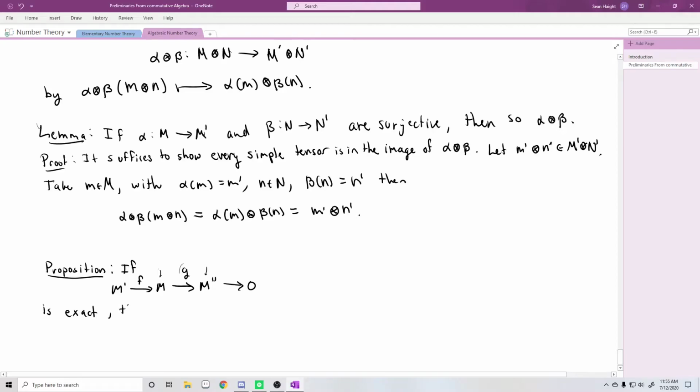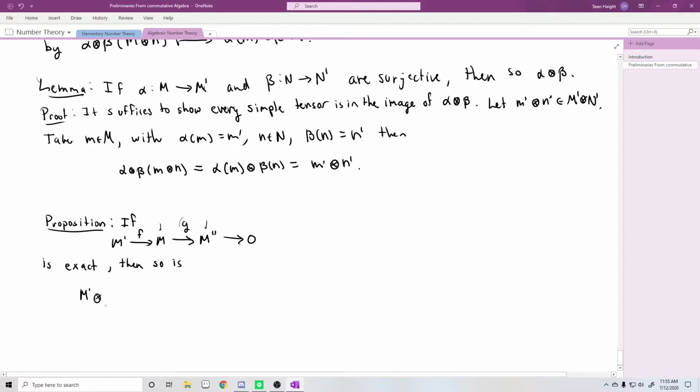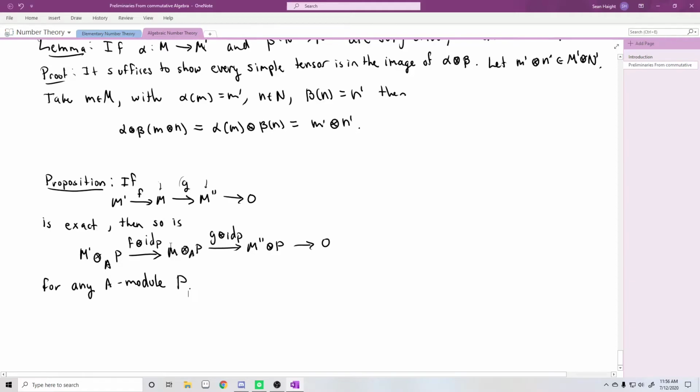So if it is exact, then so is this sequence, where I apply my tensor product functor: F tensor ID_P, M tensor P, G tensor ID_P, M double prime tensor P, to 0, for any R module P. So one way to say this is that not only does the tensor product preserve surjections, but it also preserves right exact sequences.